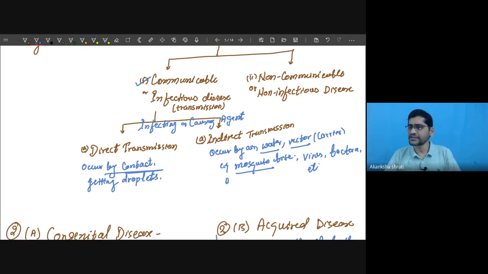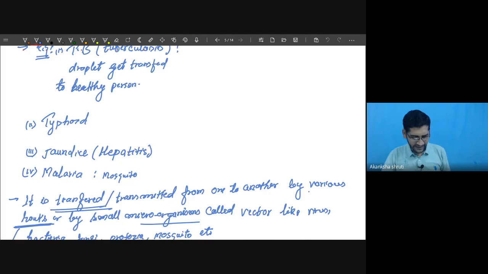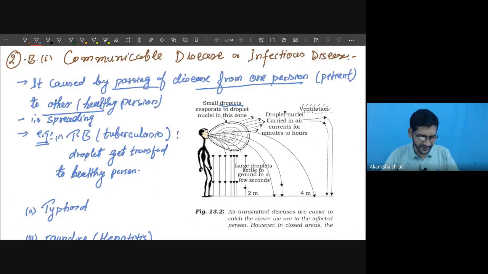If it is not because of direct contact but is transmitted by some other medium, like a mosquito or air, then some communicating or infectious agent is involved, like a virus or mosquito. We have also learned these in communicable disease.